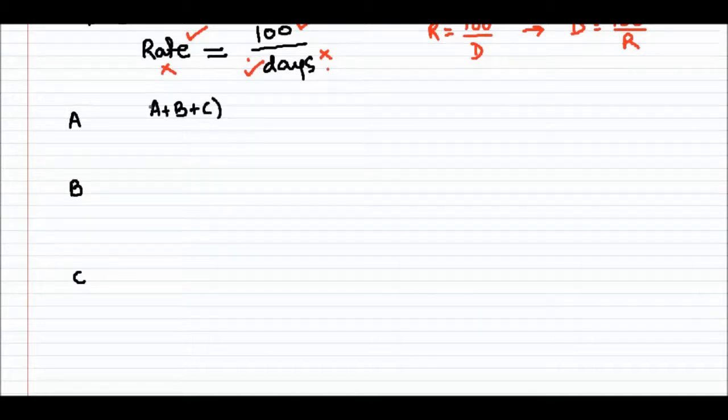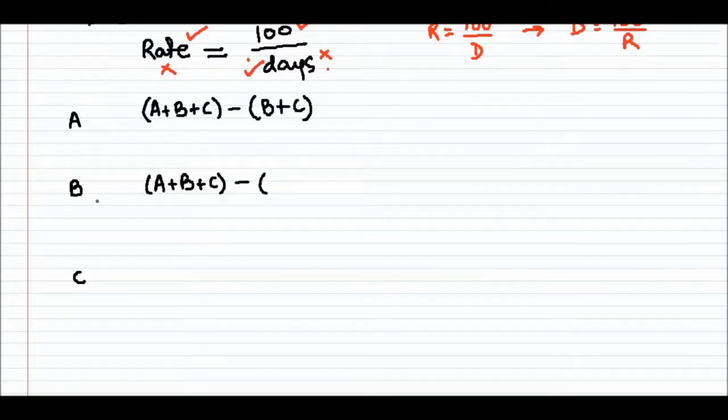I will write the rates at which they are doing the work and minus, if suppose I want A, I will subtract the rate at which B and C are doing the work. In similar fashion, I will do this for B. If suppose I want to find in how many days B completes the work, I will subtract the rate at which A and C are completing.